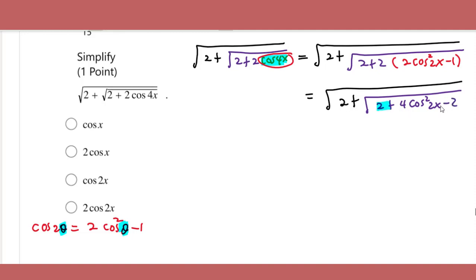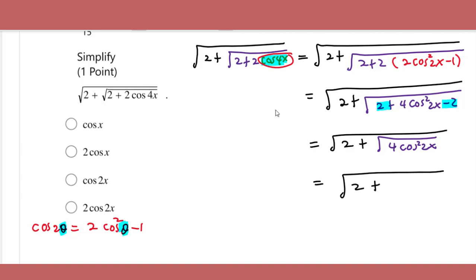The 1 can be cancelled, giving 0. Then the answer is square root of 2 plus 4 cos 2x squared, which is equal to 2 plus square root, so 2 cos 2x.